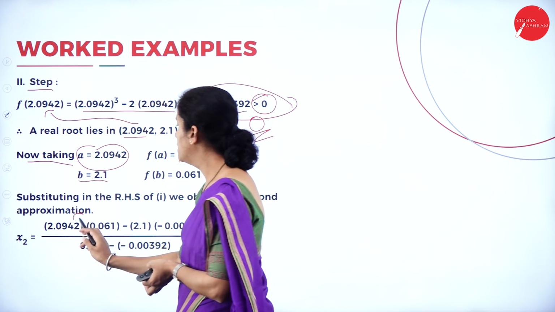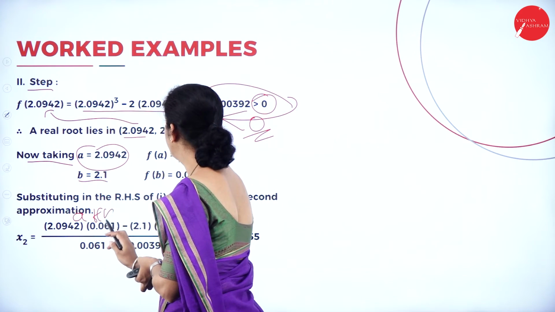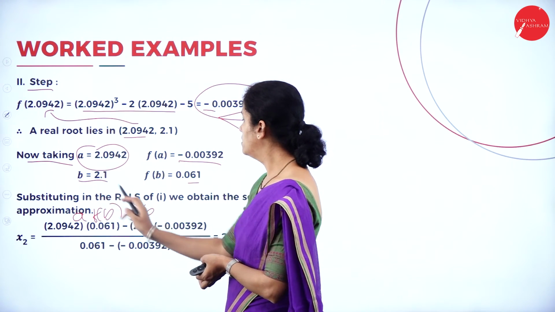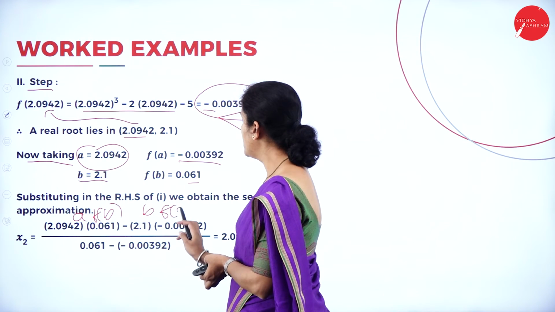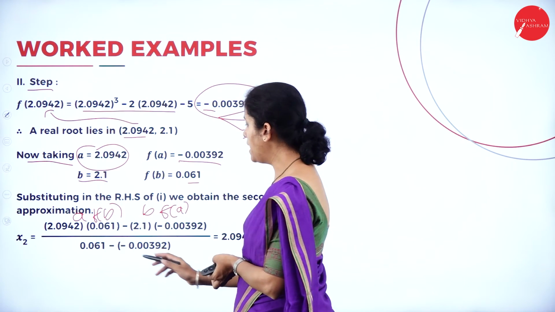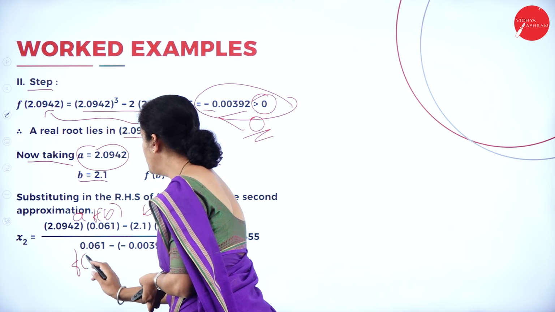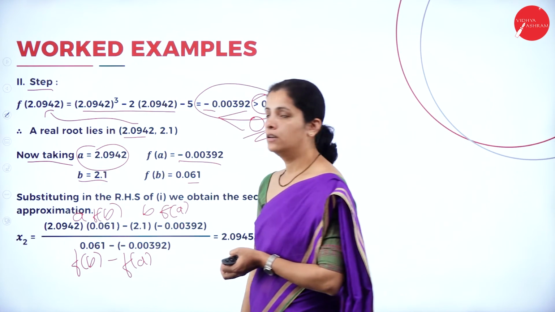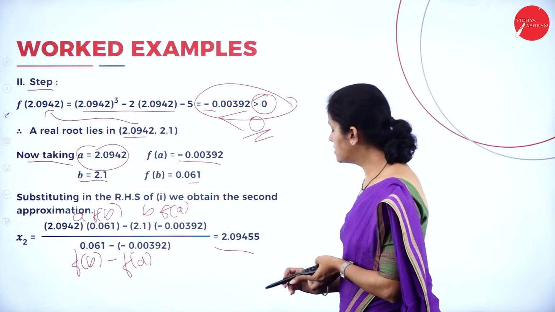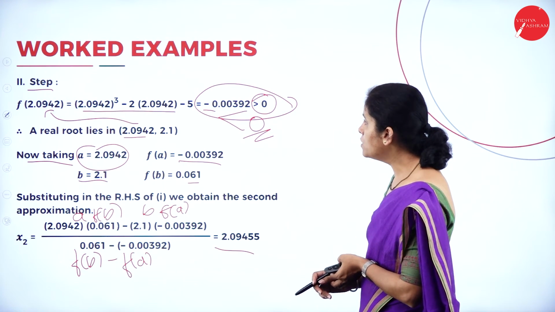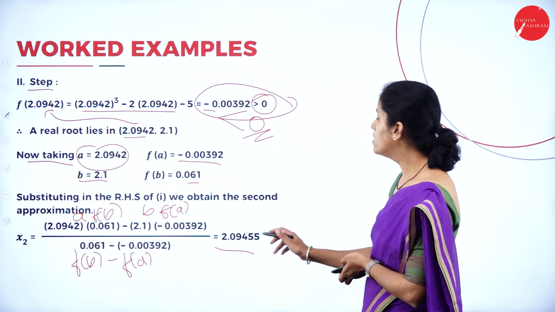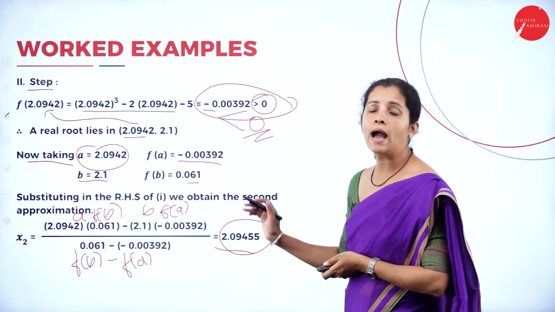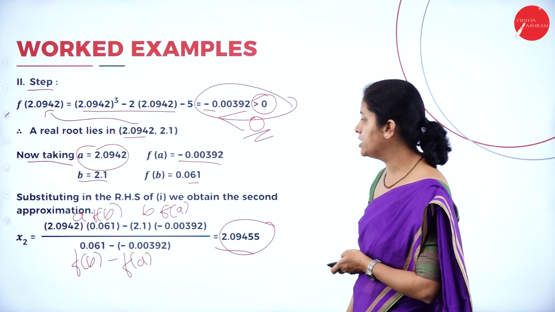See here, it is f of b, b f of a whole divided by f of b minus f of a. Now, I'm going to get the answer 2.09455. So, this is my x value for my next iteration.